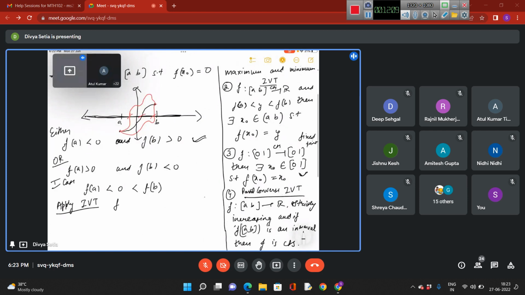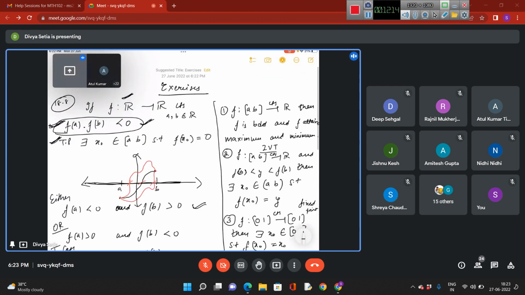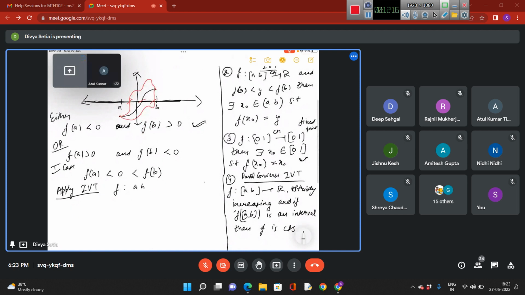Since f is a continuous function on the whole of R, you can restrict to your domain, right? If it is continuous on the whole of R, it is continuous on a closed and bounded interval. Because continuity on the whole of R means it's continuous at each and every point of R.